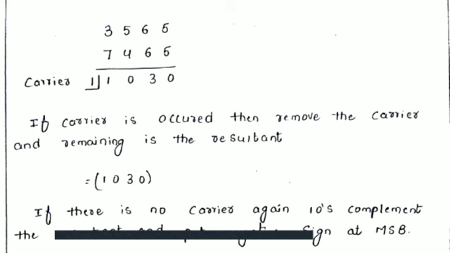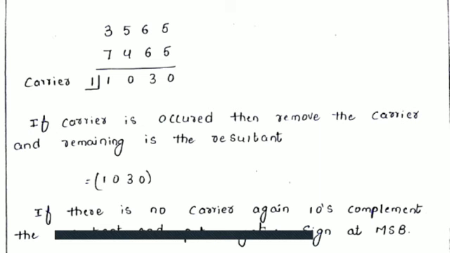If carry is generated, what do we have to do? We should remove the carry and write the result as it is. If no carry is generated, we need to take the 10's complement of this number and put the negative sign before the MSD. If the carry is generated, we simply neglect the carry and take the remaining digits as the resultant subtraction.